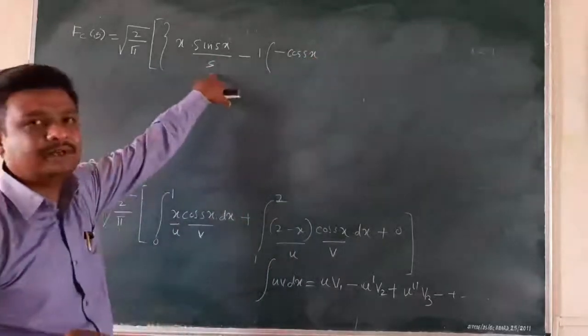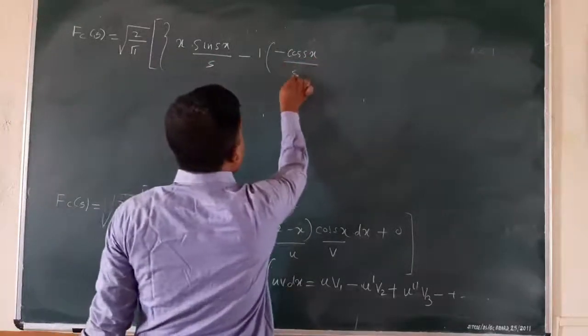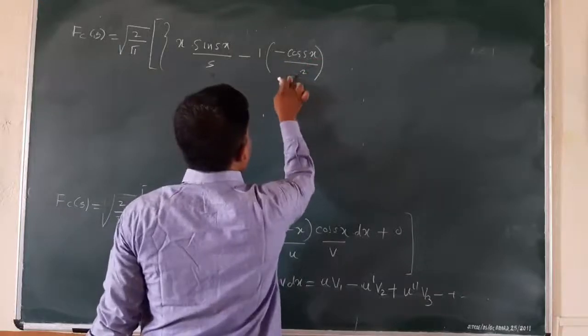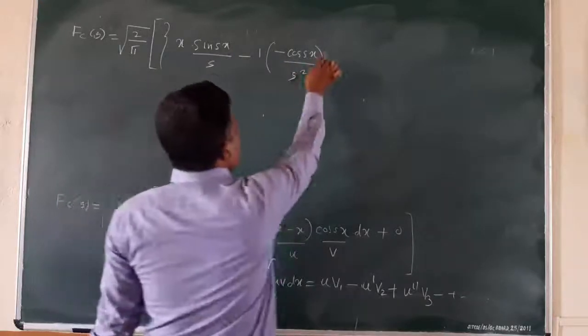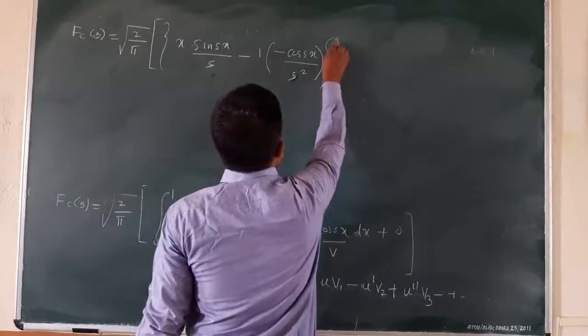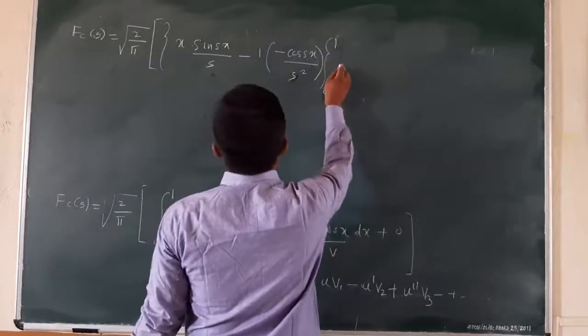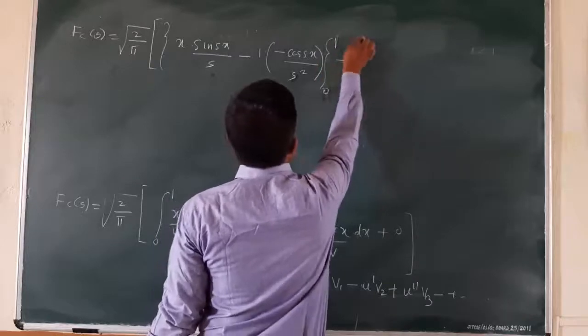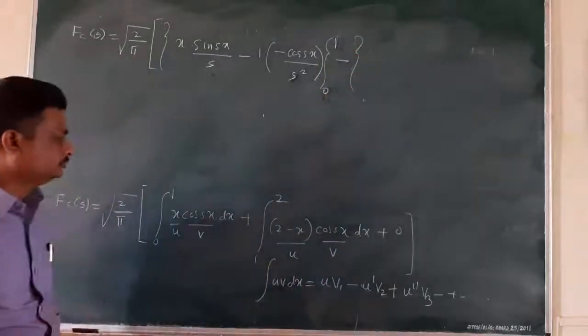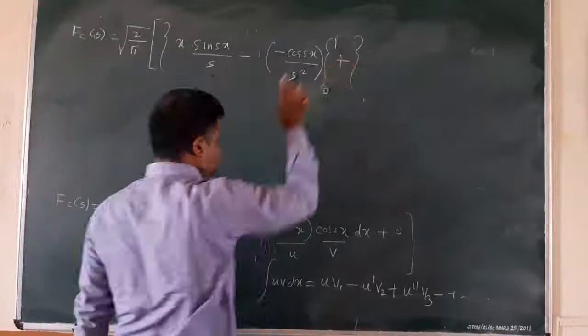Here already we are having 1 upon s, it will become s square. So between 0 to 1, not minus, it is plus.